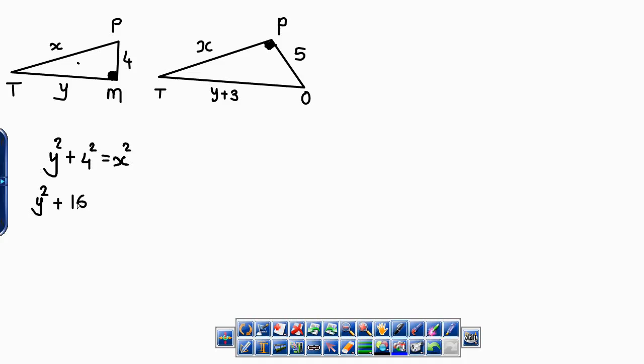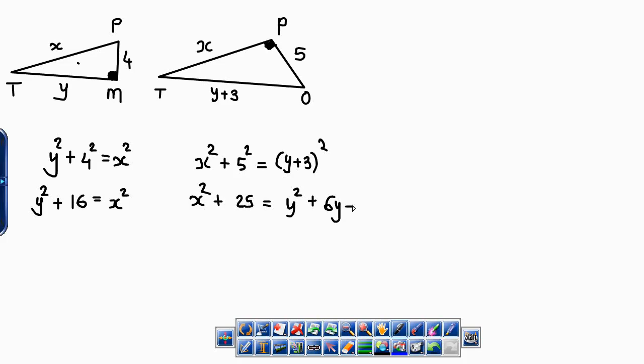Y square plus 16 is X square, and over here side square plus side square is hypo square. X square plus 25 is Y square plus 6Y plus 9.